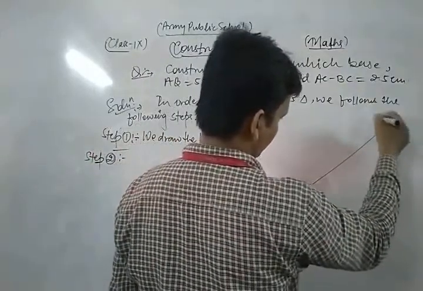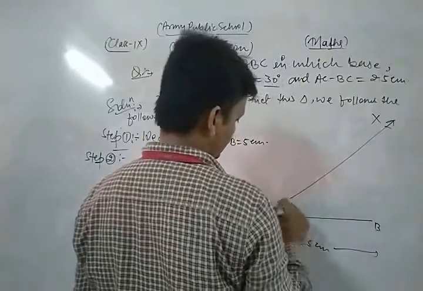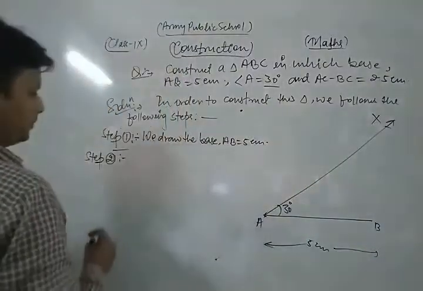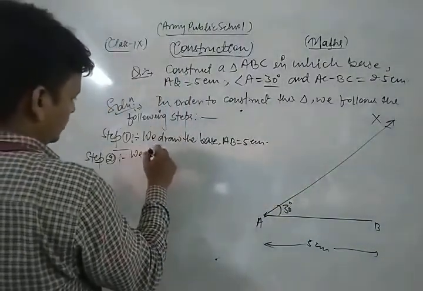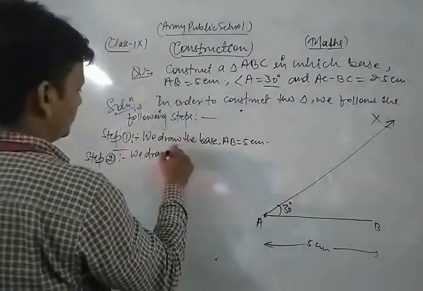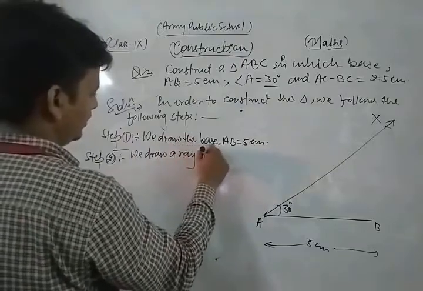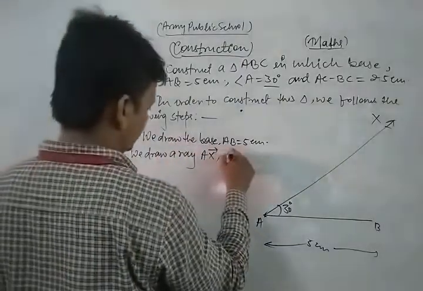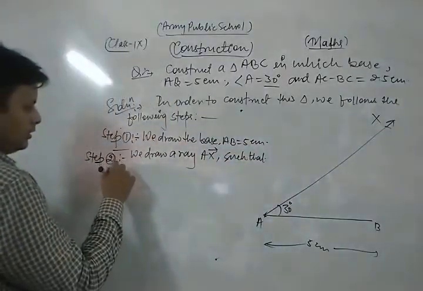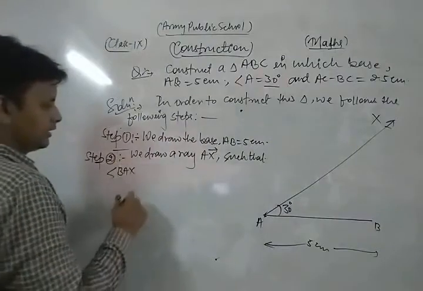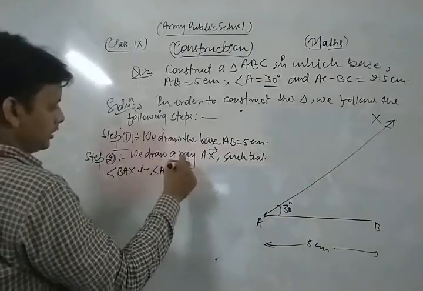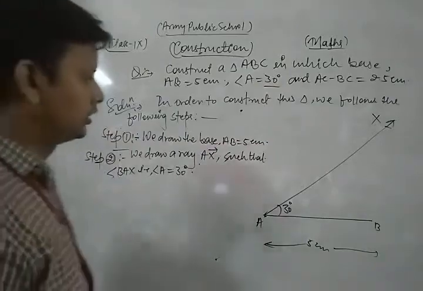So dear friends, in the second step of construction, we draw a ray AX such that angle BAX, that is angle A, is equal to 30 degree.